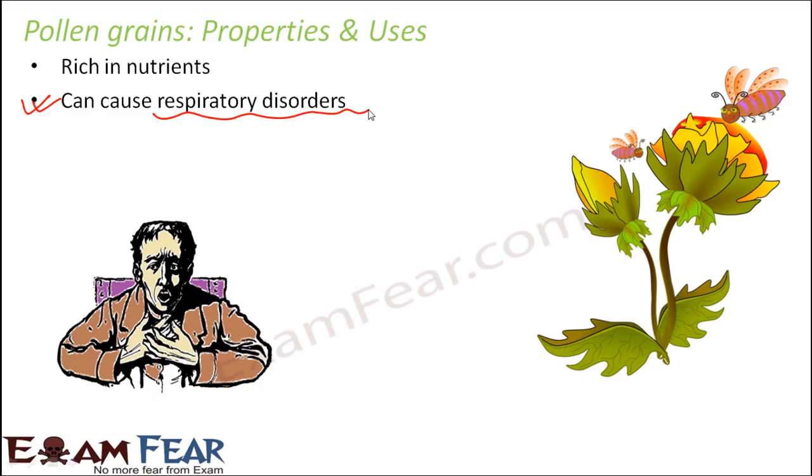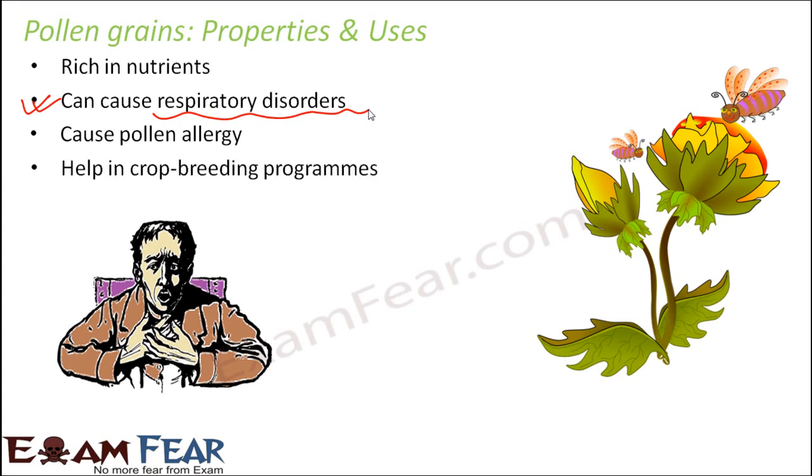That powdery substance is nothing but the pollen grain. Many people tend to get respiratory disorders. Some people, as soon as they come in contact with a lot of pollen, tend to sneeze. Some tend to catch cold. It does something wrong with your respiratory system. It can even cause diseases like asthma or bronchitis. It can cause pollen allergy, as I said.